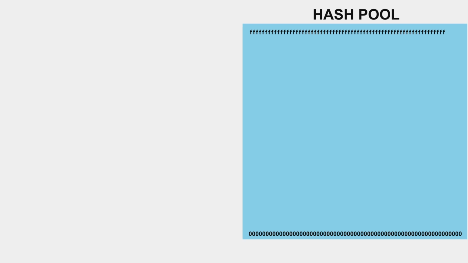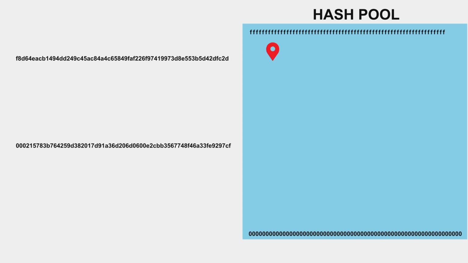Since we are using the hexadecimal system, the smallest one will be 64 zeros, and similarly the largest one will be 64 Fs. The number goes on increasing from bottom to top. Now we can use this pool as a map and see where the hashes fall on this pool. If we consider this hash, it will fall here, and if you consider this hash, it will fall around here. And this one, since it's smaller, it will fall downward.